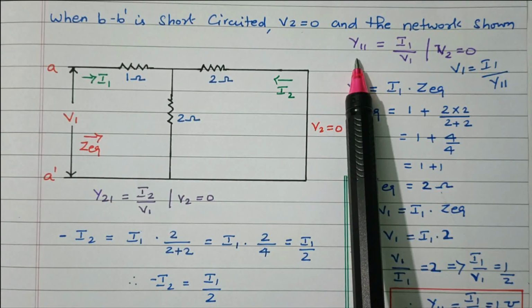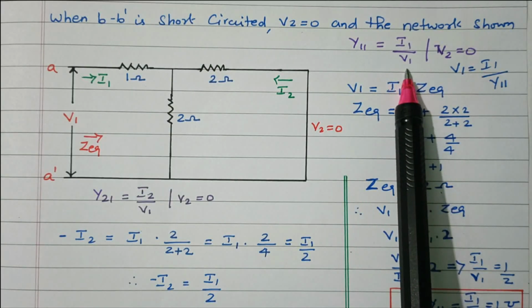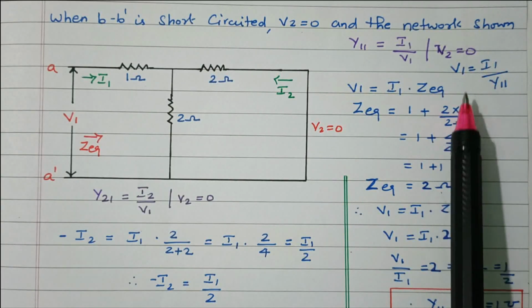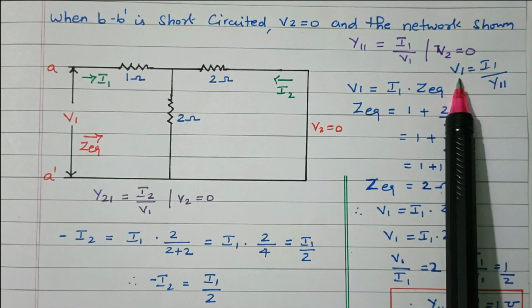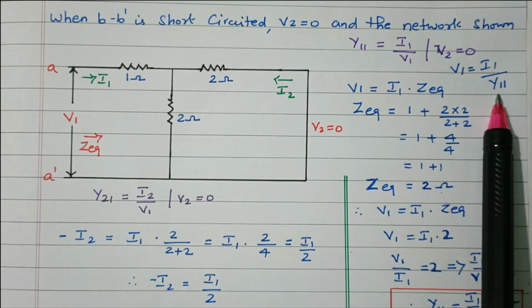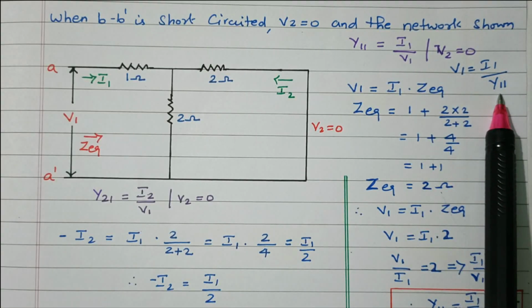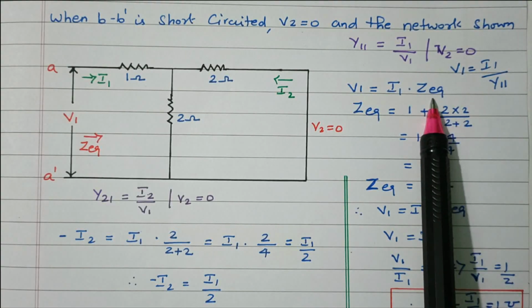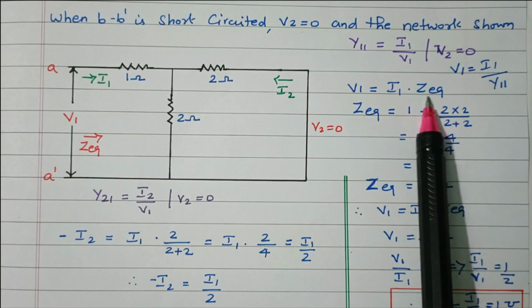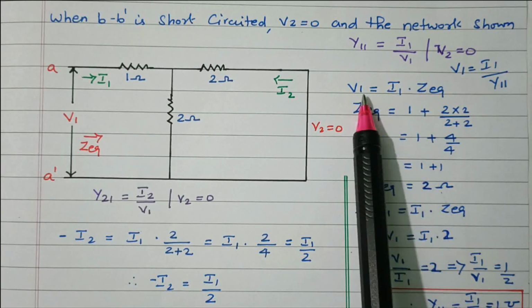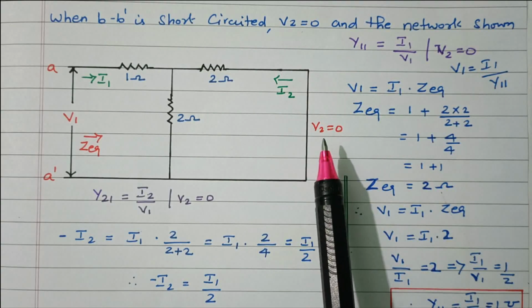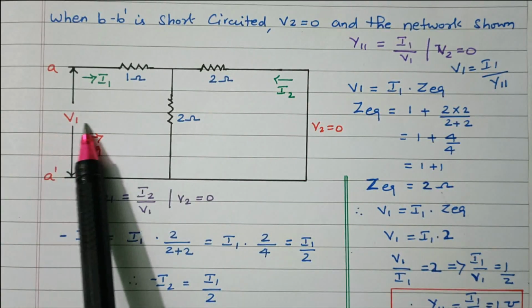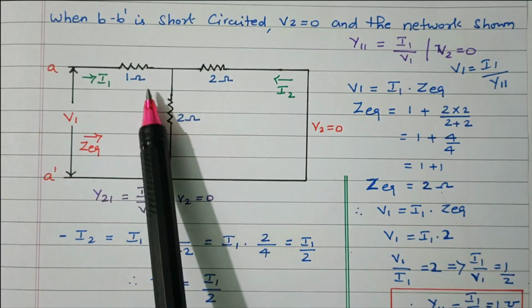So Y11 equals I1 by V1 with V2 equal to 0. With cross multiplying we got V1 equals I1 by Y11. 1 divided by Y11 is nothing but Z equivalent. 1 divided by admittance is impedance. So that is the equivalent impedance of this circuit. By finding this value we can easily find Y11. So the Z equivalent referred from this side is 1 ohm plus these 2 ohms in parallel.